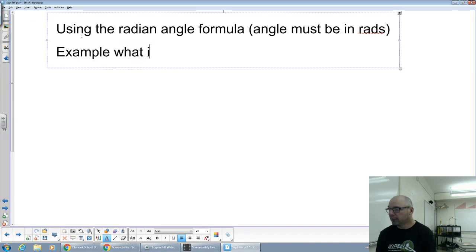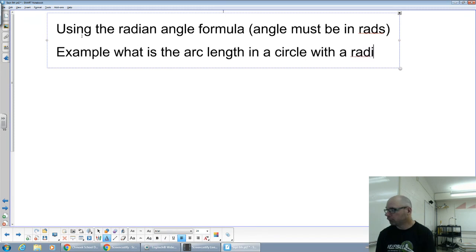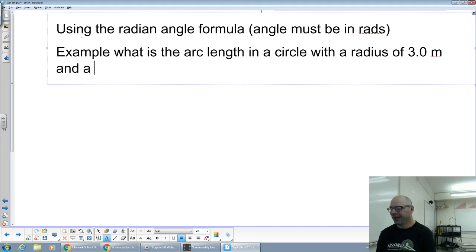What is the arc length in a circle with a radius of, let's say, 3.0 meters, and a central angle of 100 degrees?